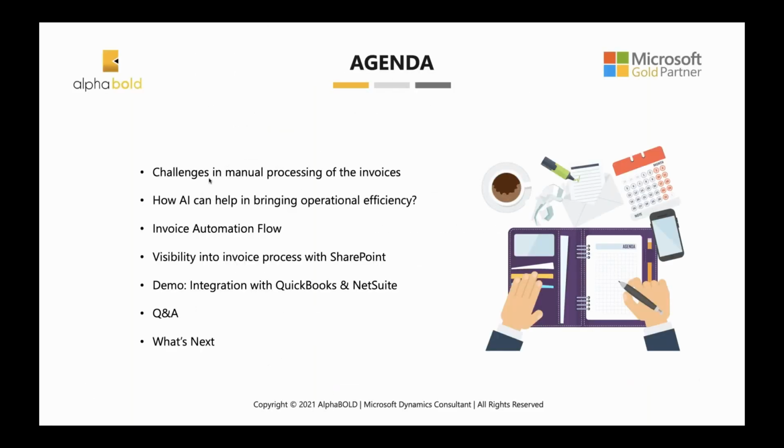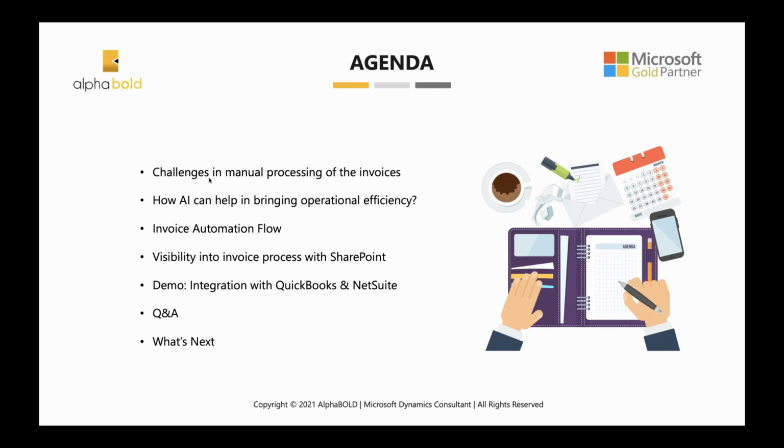And as far as what we will be going over today, it should be pretty quick, but we're going to look at how challenging manual processes are as far as getting invoices into your accounting system and how much time it can actually take, which then translates into costs.